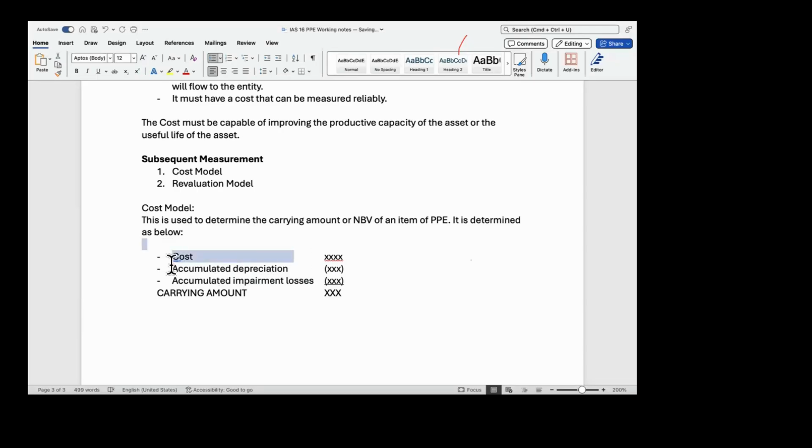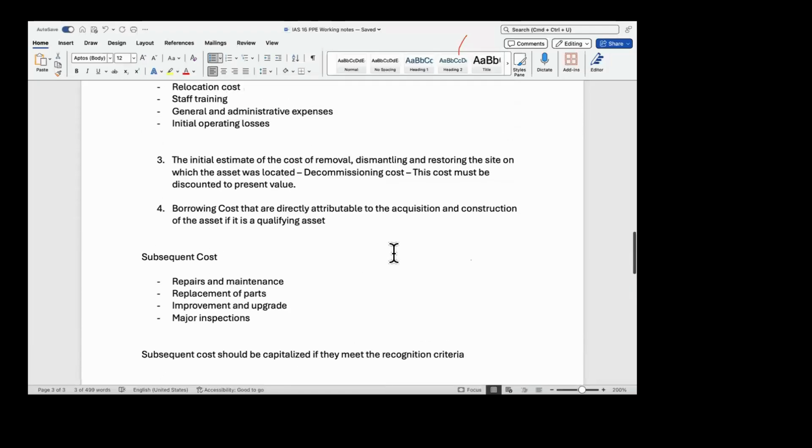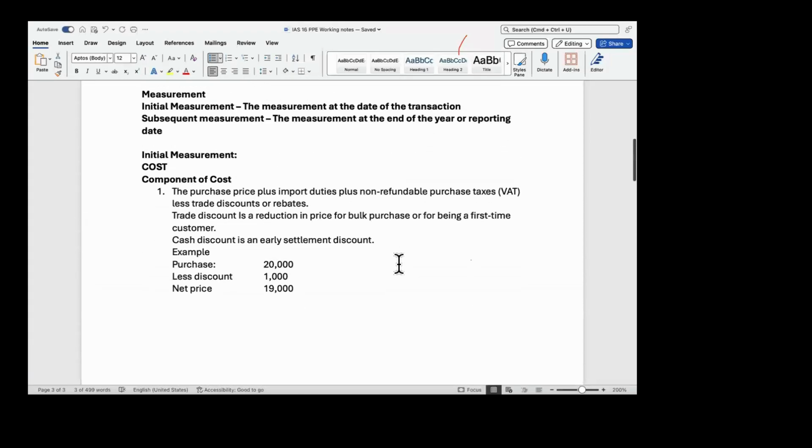Each of these items, since this is a formula, where do you get this one from? Where do you get this one from? Where do you get this one from? So the cost is actually gotten from the initial measurement. If you remember initial measurements, the initial measurement that is determined at cost.